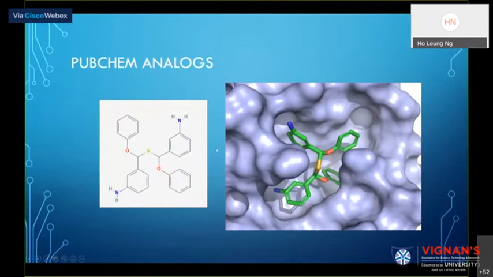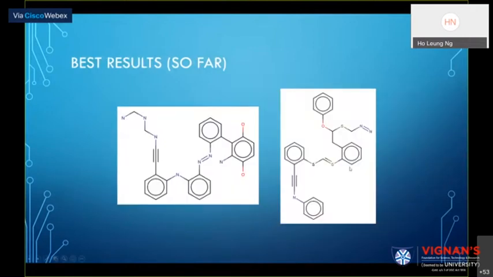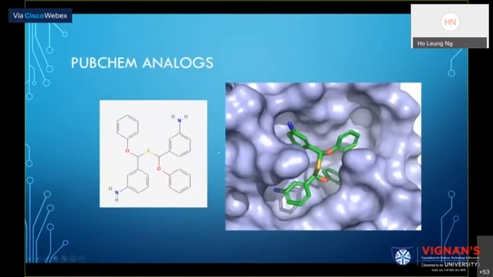Another way to do this that's more simple is that there are various kinds of simplifications that we can apply. We take this molecule and look for an analog of an existing molecule in PubChem, which is a large database of chemical structures.